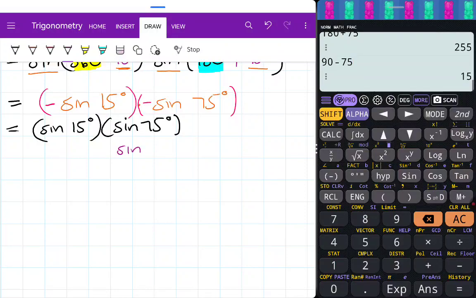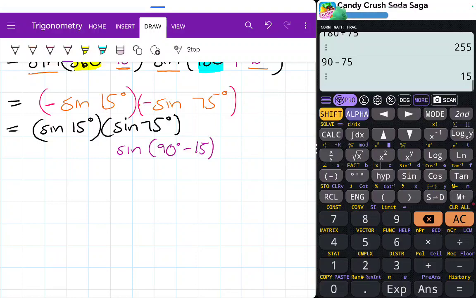This ends up being sine of 90 minus 15. 90 minus 15 equals 75. And once we've got that, we can change this using your co-function. And your co-function says this is in quadrant number 1 where everything is positive.